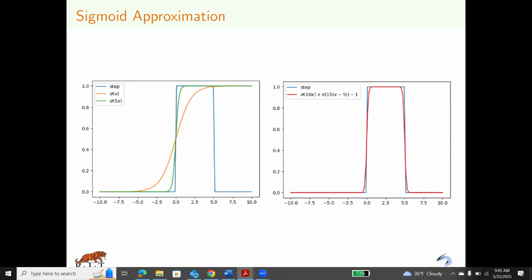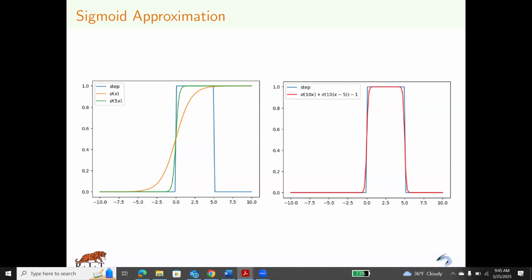So let's try to figure out how to approximate this partially constant function with sigmoid.